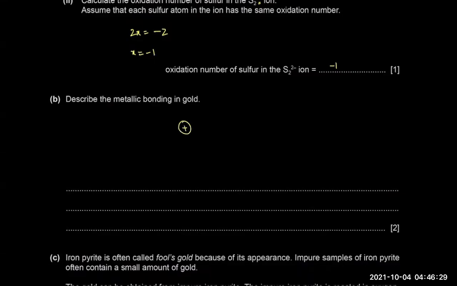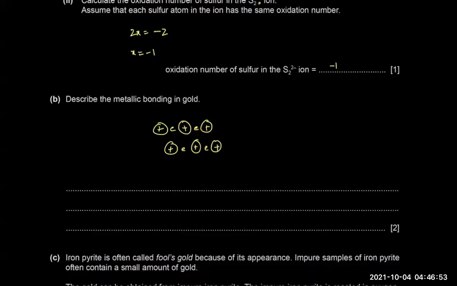So metallic bonds में क्या होता है? You basically have sort of cations held by a sea of delocalized electrons. You don't have to draw it. I'm drawing it as, right, this is what it looks like. So you have negatively charged electrons that are sort of holding the metal cations together.